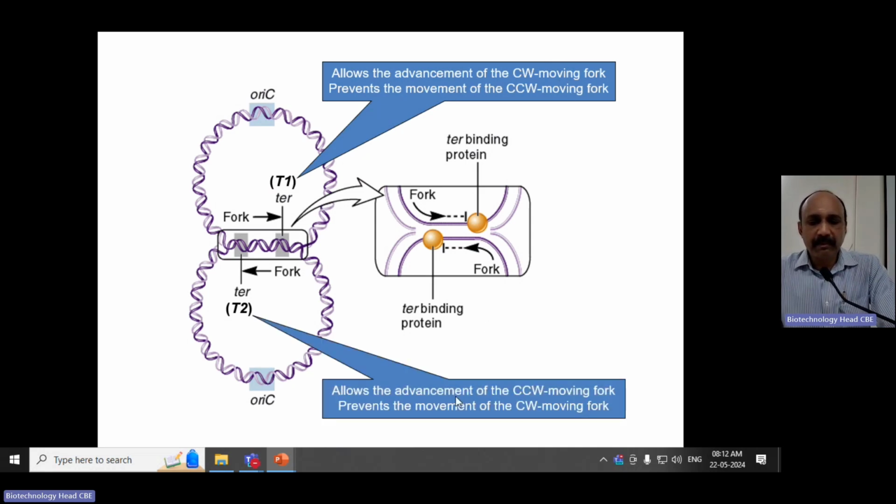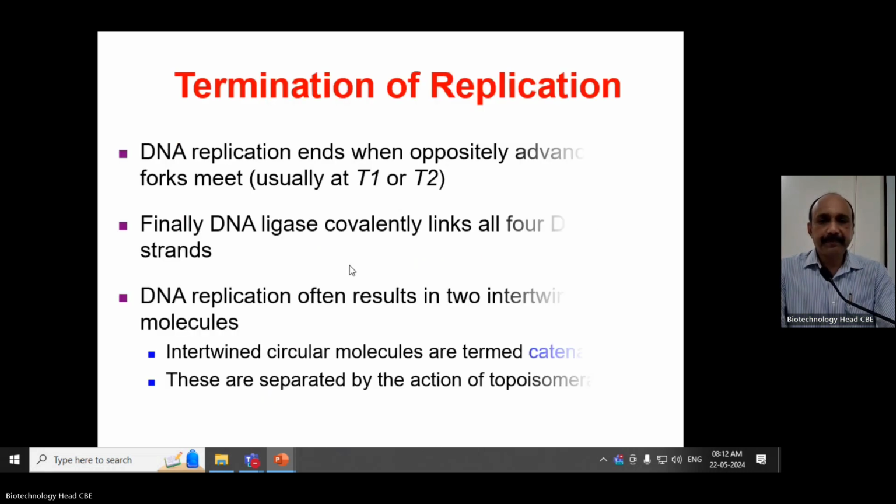T2 allows the advancement of the counterclockwise moving fork, and prevents the clockwise moving fork. When this is present here, it will not allow the clockwise, and when this is present here, it will not allow the counterclockwise.